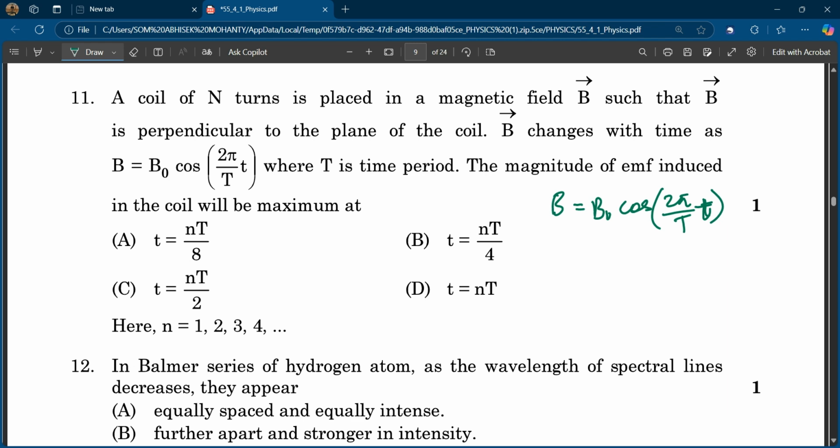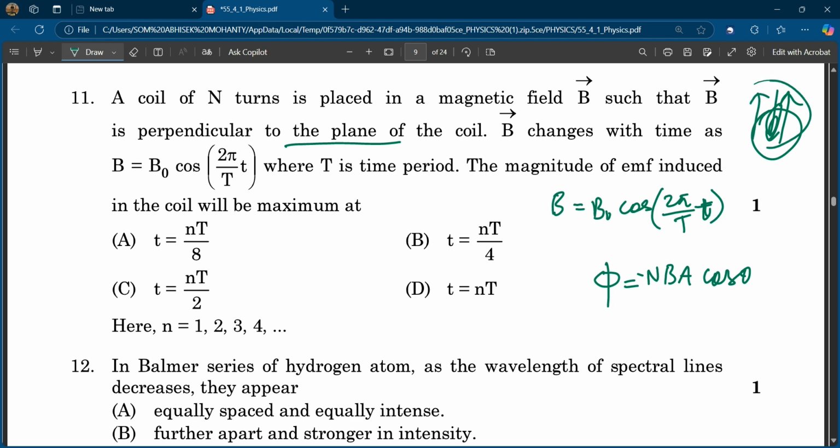Very simple question. Flux is equal to NBA cos theta. Magnetic field is perpendicular to the plane of the coil, so the area vector is in the same direction as the magnetic field.